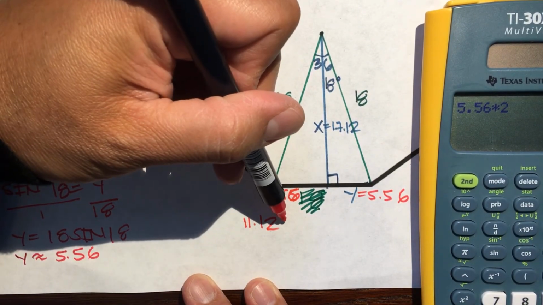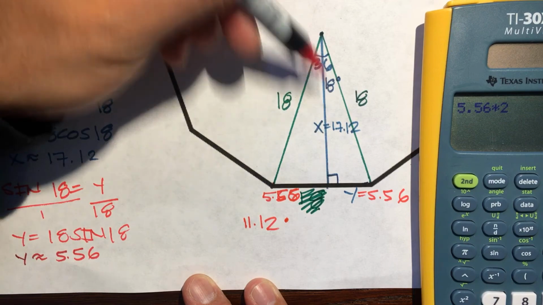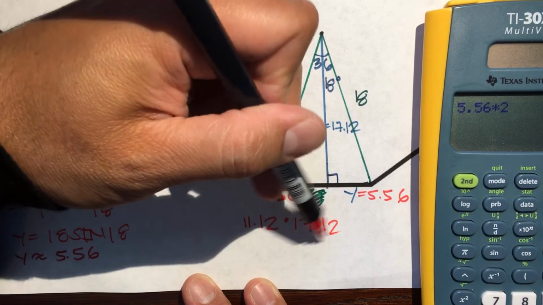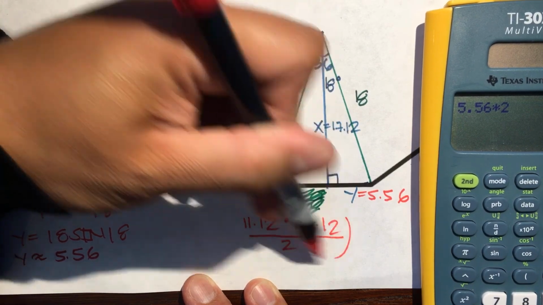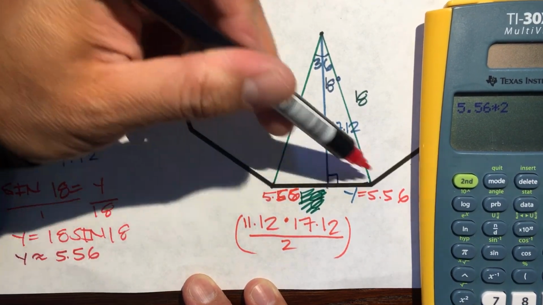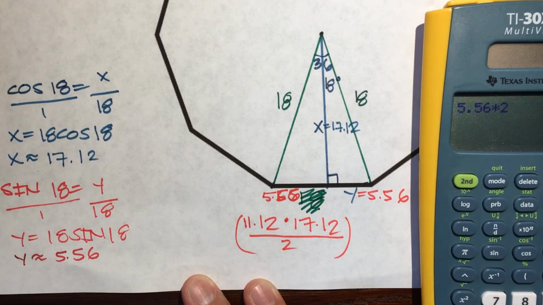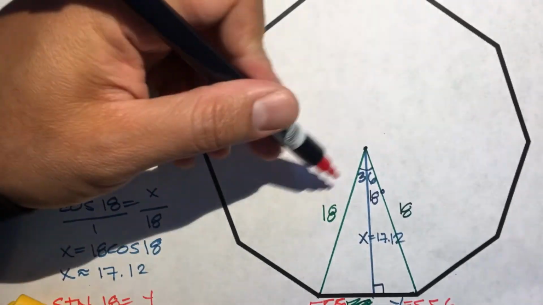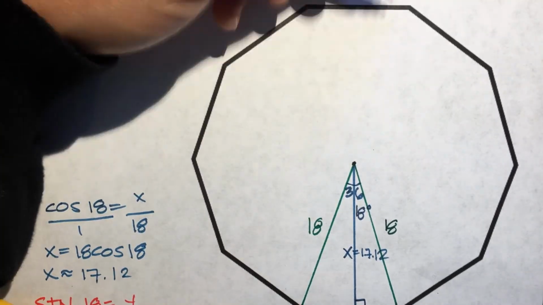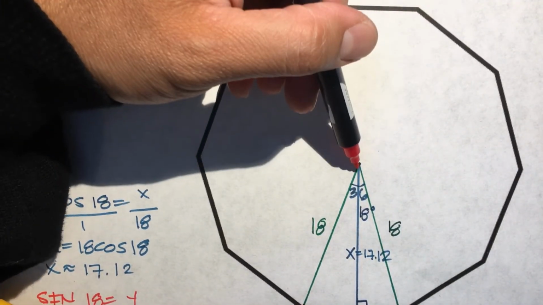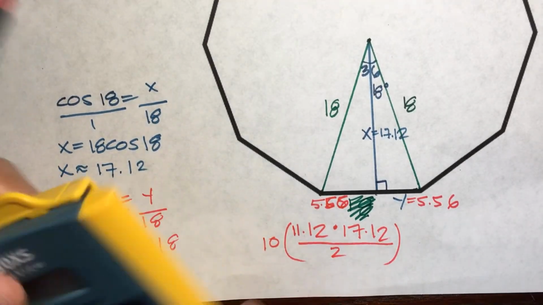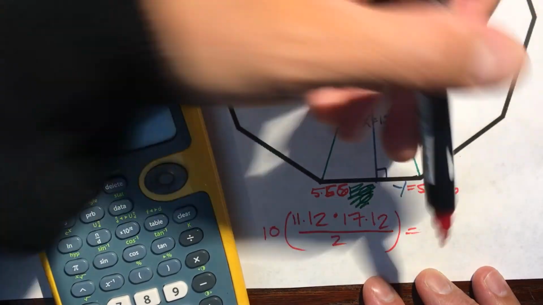And then we're going to multiply that by the height, which is 17.12, and then divide that by 2. And this will give us the area of this entire triangle. And because it is a decagon, there will be 10 congruent triangles if we start off from the center. So we're going to multiply that by 10 at the end, and this will give us our final answer.